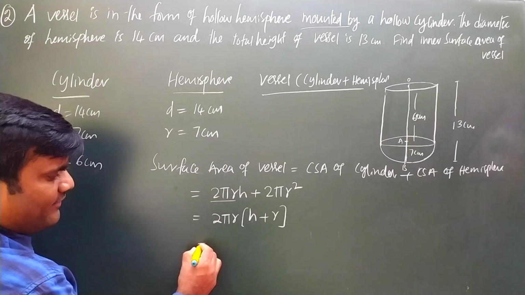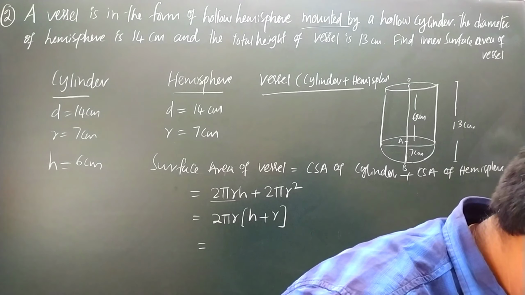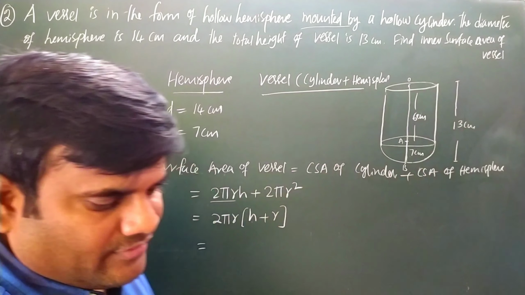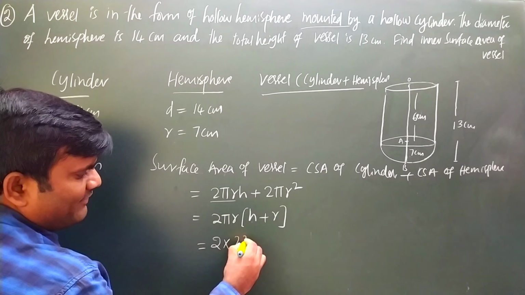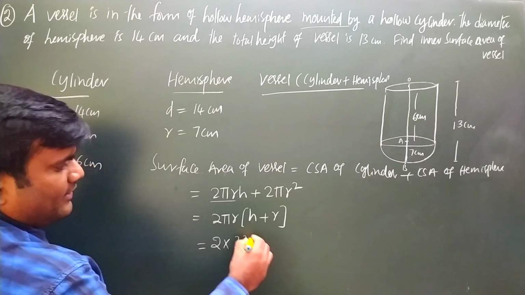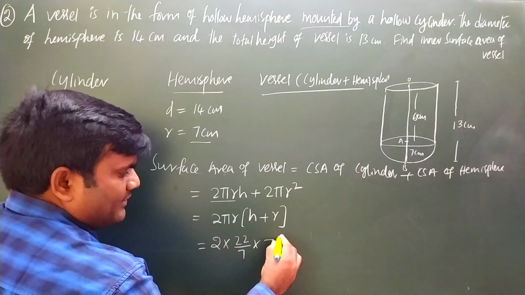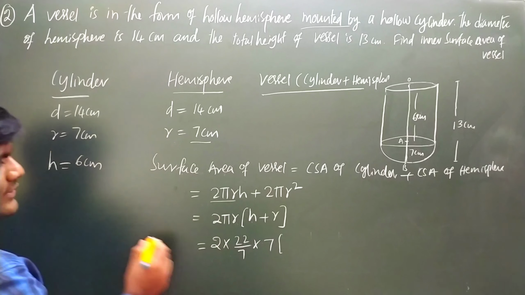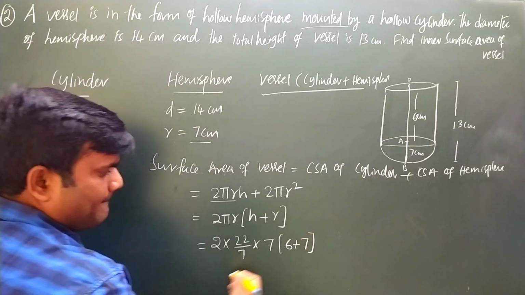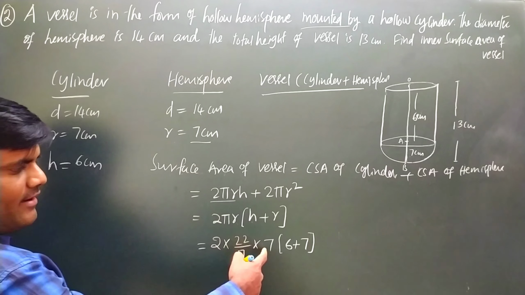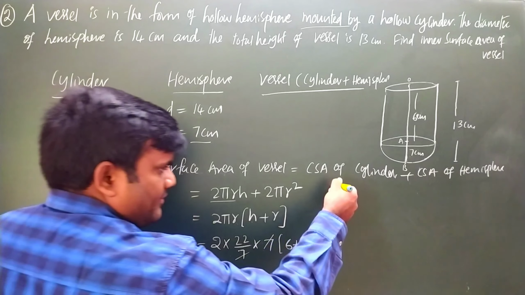Now you substitute all the values. If the specified pi value is 3.14, you take 3.14, otherwise you take 22 by 7. Here 2 into pi value is 22 by 7, r is equal to 7 centimeters, h is equal to 6. So 2 pi r into h plus r: 7 gets cancelled.